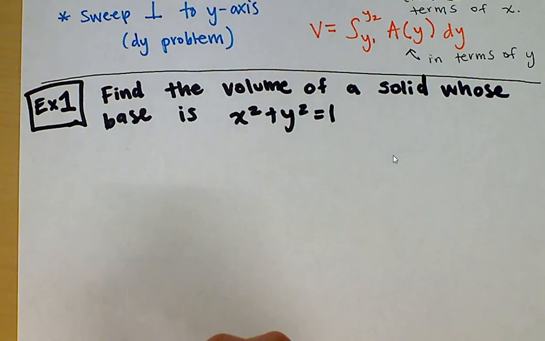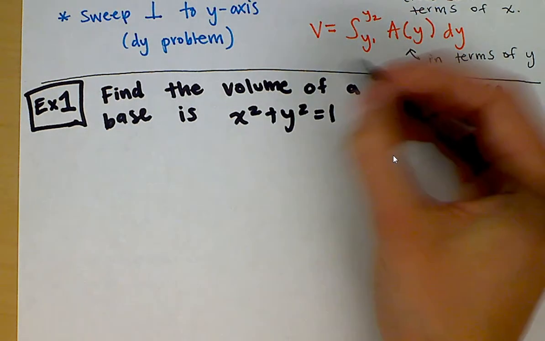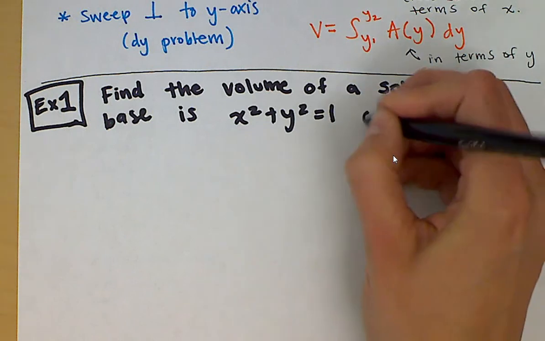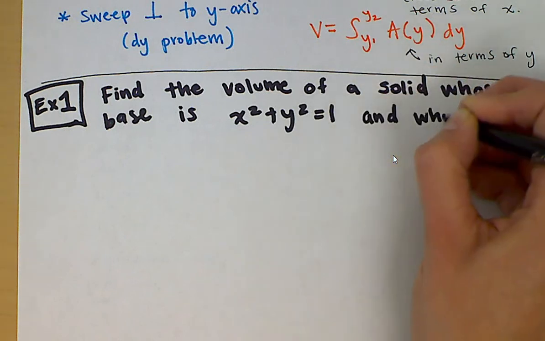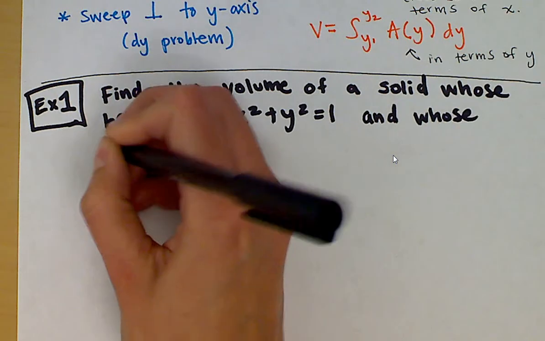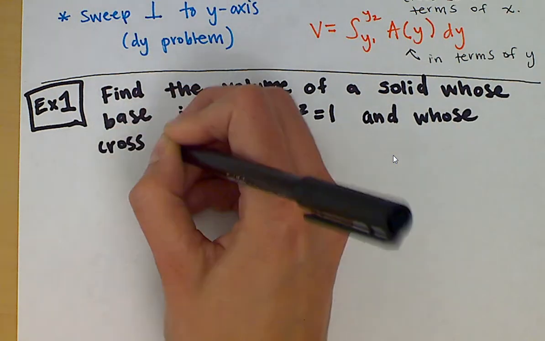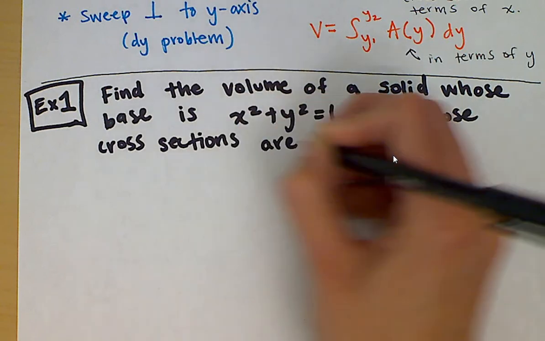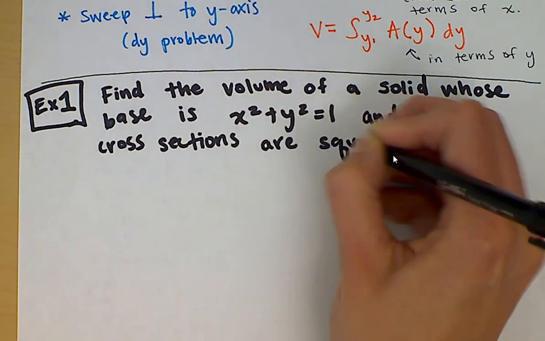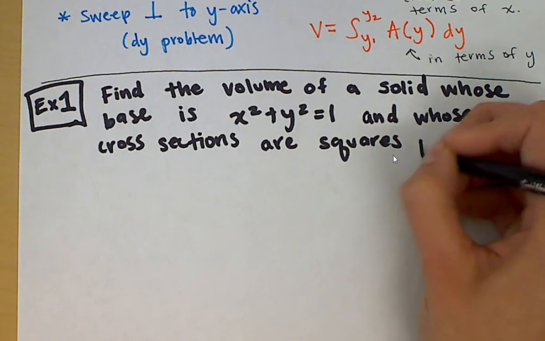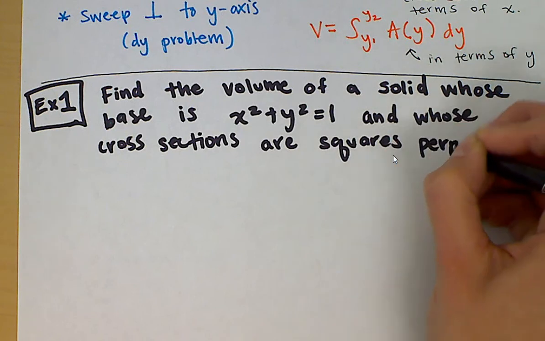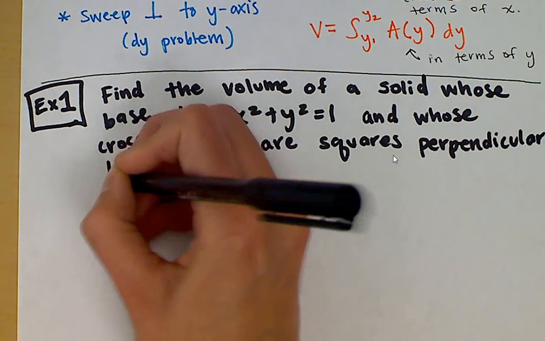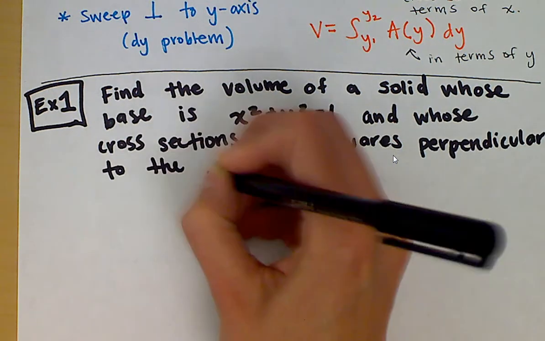So this is my base, or my region, and whose cross sections are squares perpendicular to the x-axis.